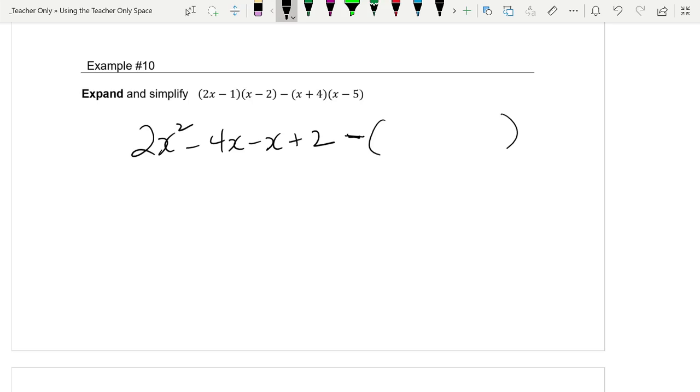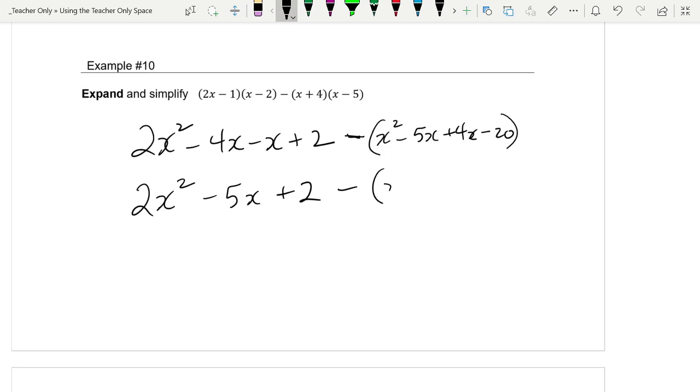So that's first times first, outside times outside, inside times inside, and last times last. I might even do another step where I collect like terms right here to make my life easier. 2x squared minus 5x plus 2, and then in this bracket, x squared minus 1x minus 20.